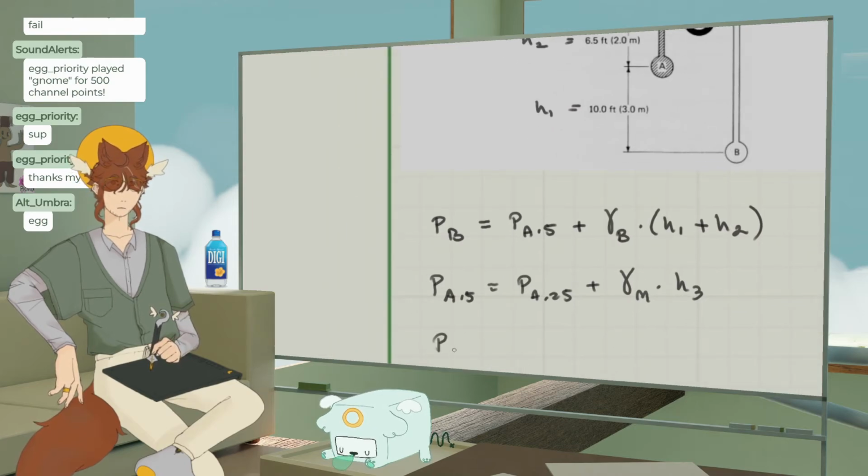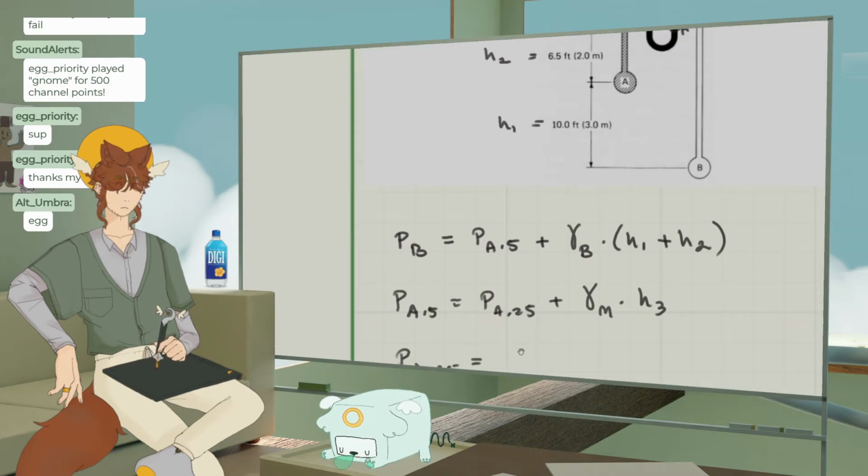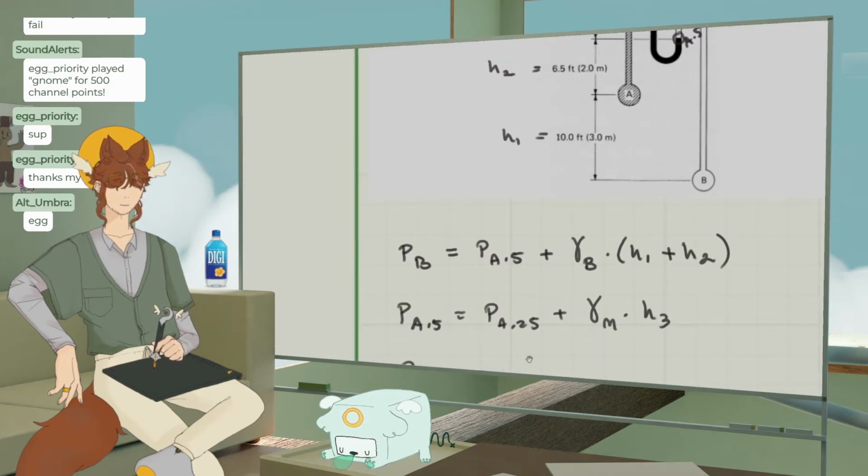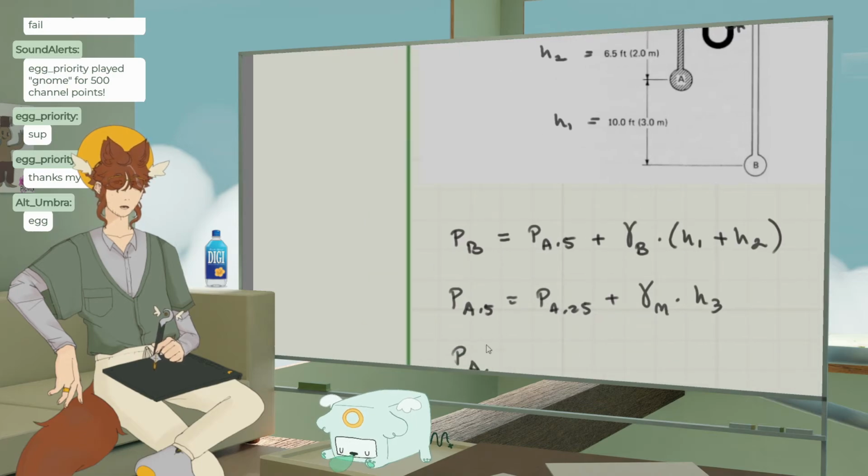Then what's the pressure at A? Oh, sorry, pressure 8.25 is going to equal... No, we need to say A. Because 8.25 is kind of like our highest point, so we're going to base pressure at A off of that.